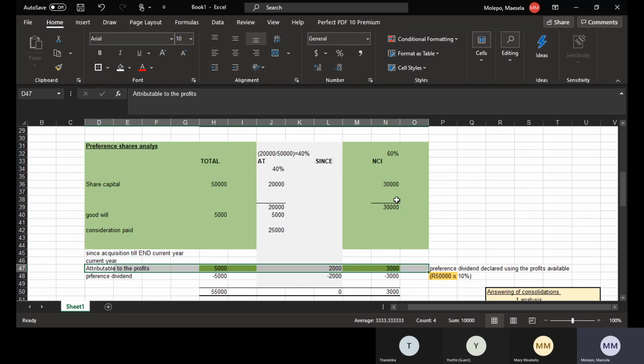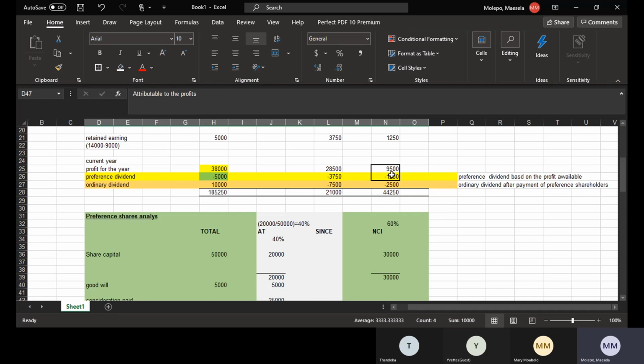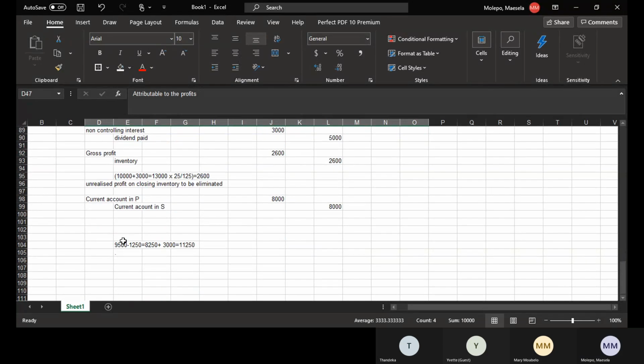The reason it's positive is because there was a positive figure used to distribute the preference dividends. Then 70,900 minus 11,250 gives you 59,650. So the 59,650 plus 11,250 gives you the 70,900. Here they just elaborated the same calculation that I did, showing how they arrived at the 11,250. Then we are done with the statement of profit and loss.